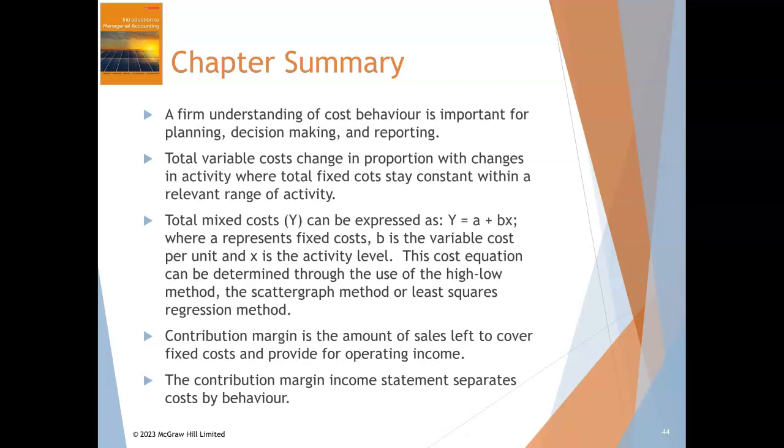This cost equation can be determined through the use of the high-low method, the scatter graph method, or least squares regression method. Contribution margin is the amount of sales left to cover fixed costs and provide for operating income. The contribution margin income statement separates costs by behavior.